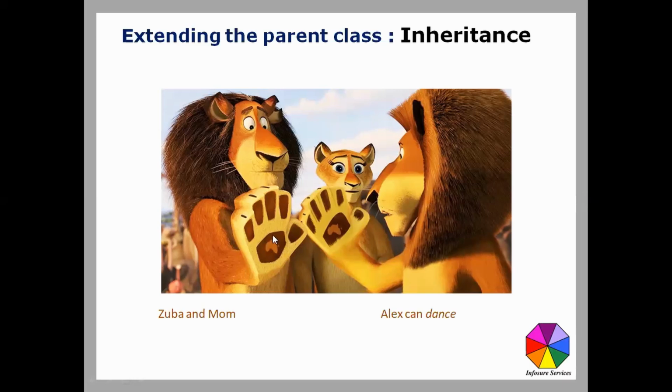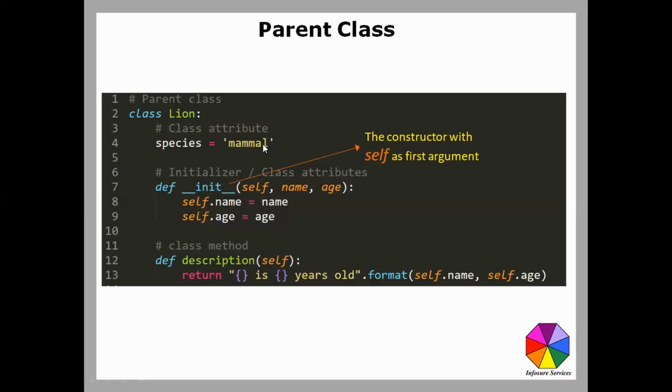So he shares the properties of the parent. The point I'm trying to make is that common properties can be in a parent class, here lion, and name and age are the lion class properties.